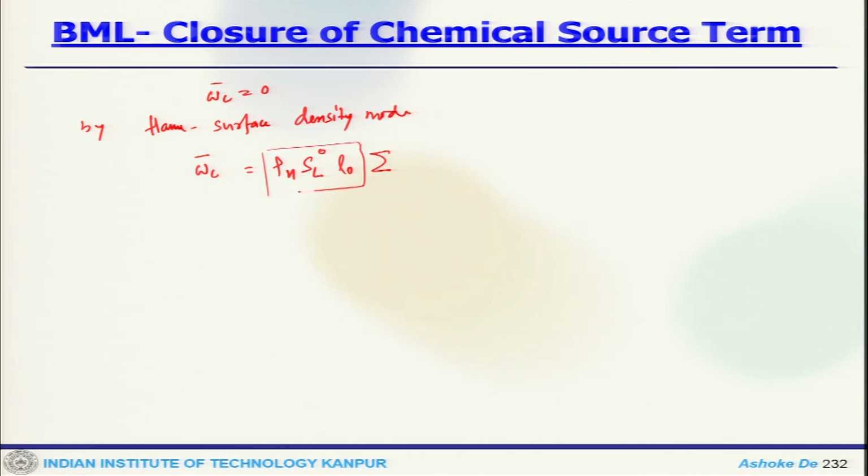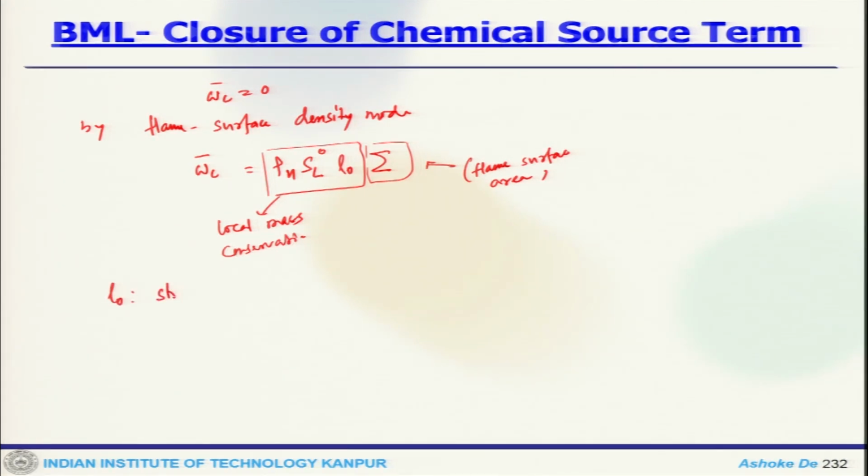So this is one term, this is another term. This is our local mass conservation, and this is the flame surface area per volume.